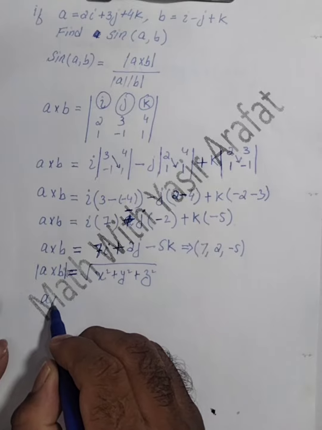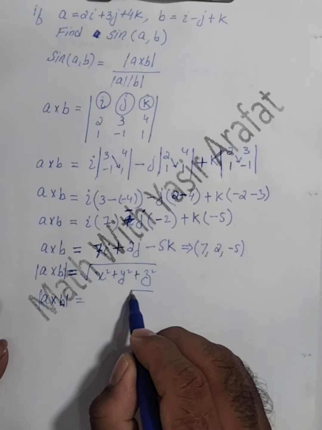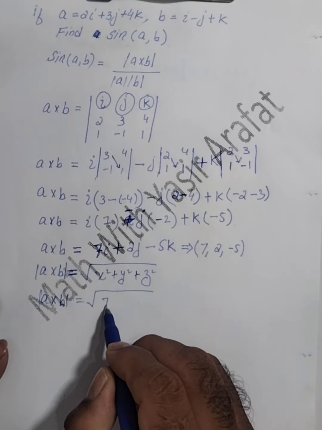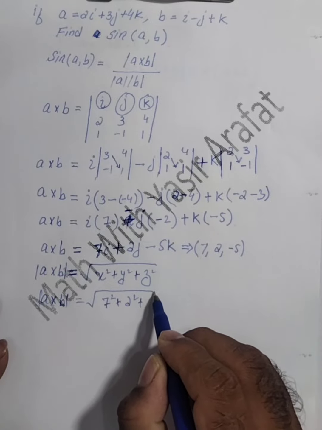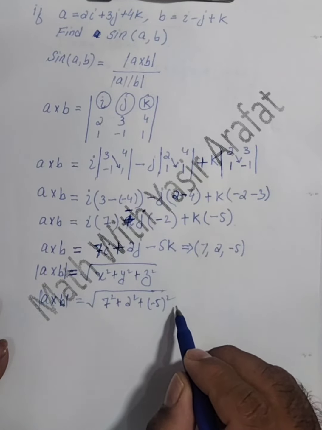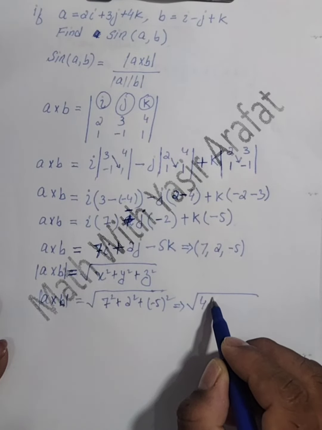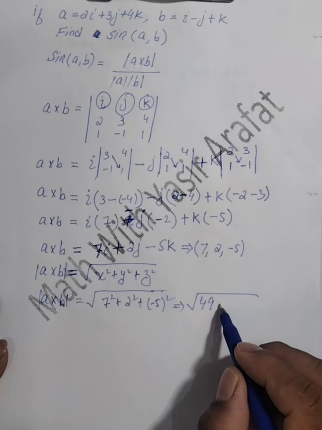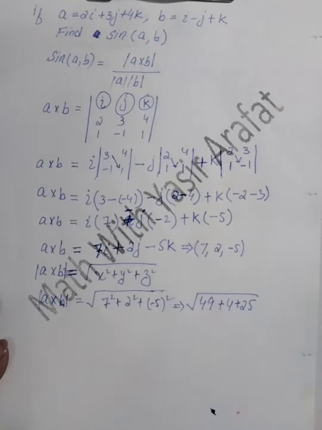So the modulus of A cross B means 7 square, 2 square and minus 5 square. 7 square means 49, 2 square means 4, 5 square means 25.